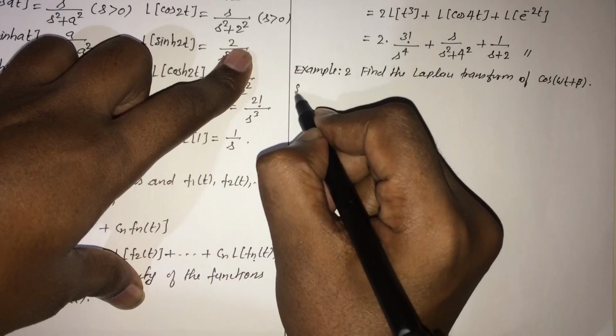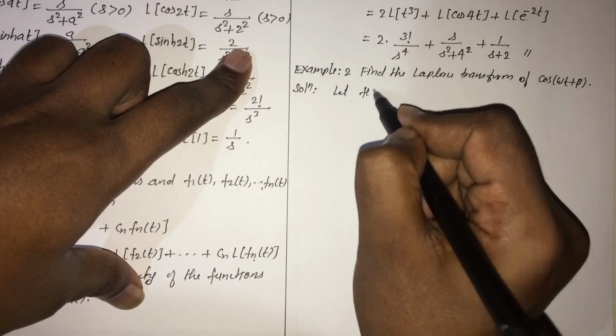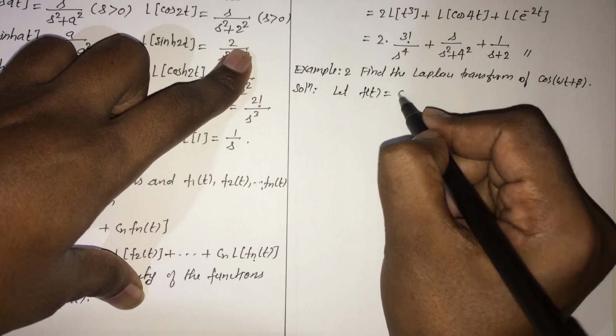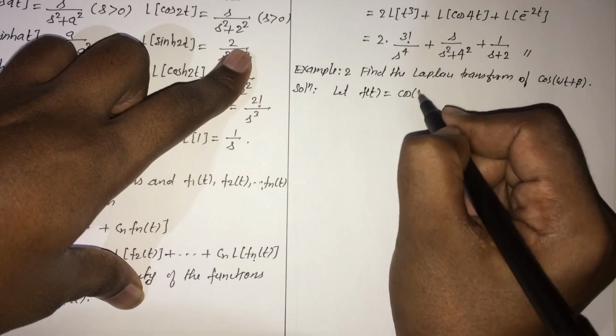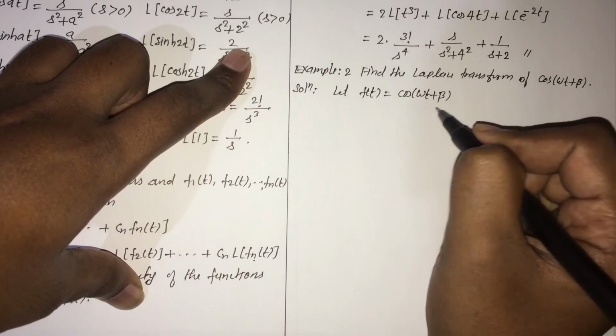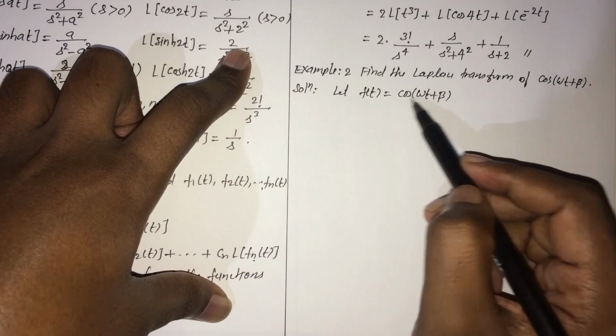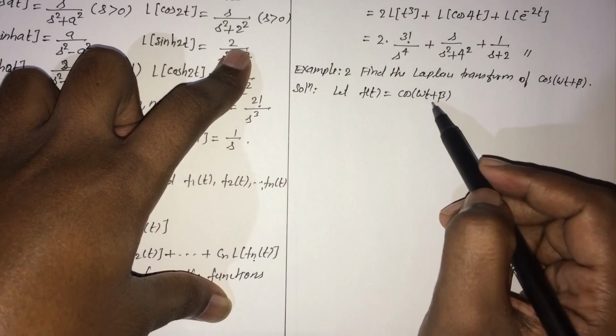Solution: let f of t equal to cos of omega t plus beta. Here we cannot find the Laplace transform of this function directly, so we must expand this function.